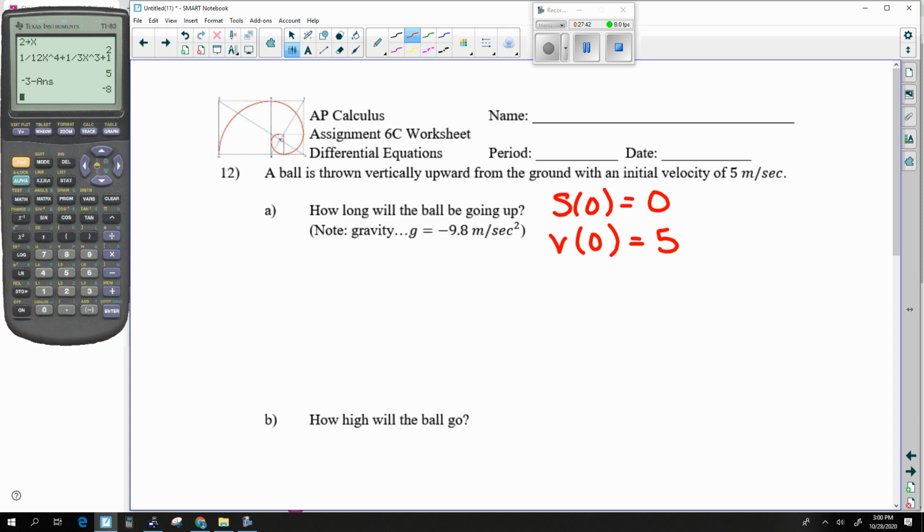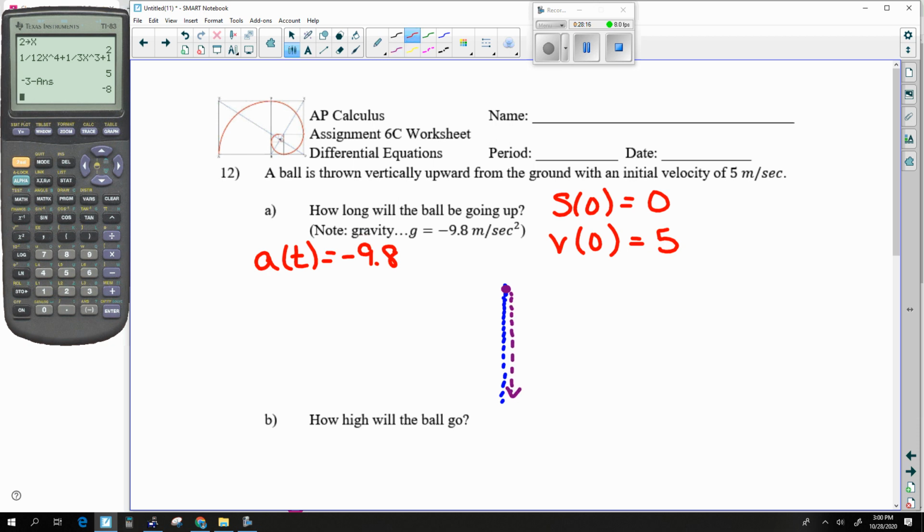Okay, so gravity, that's an acceleration, is -9.8 meters per second squared. How long was the ball going up? If I throw it straight up, it's going to slow down, slow down, slow down, and then it's going to technically stop, and then it's going to speed up.